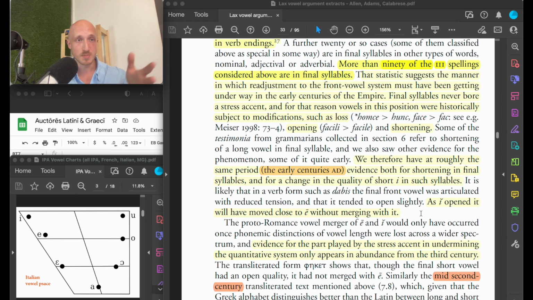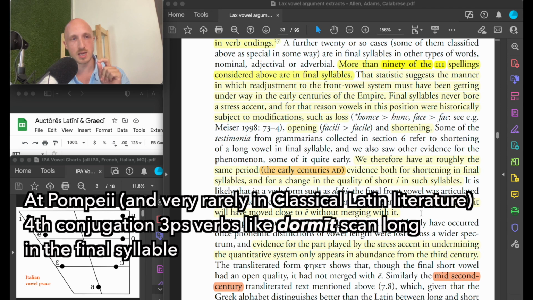For example, not mentioned here, but in Pompeian graffiti, where we actually see poems, people writing in hexameter and things like that, we see a 4th conjugation, dormit, with a long E sound. Now, in urban Latin, in the Latin of the city of Rome, that had shortened. Final T shortens vowels.